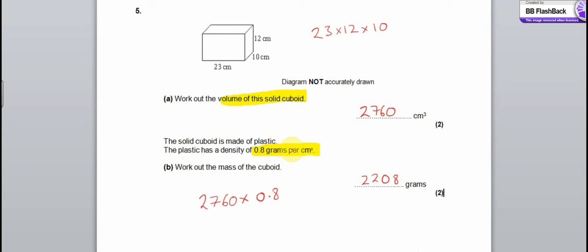It's almost a gram per cubic centimetre, so it's almost 2 kilograms. In fact, it's 2.208 kilograms. Completely unnecessary, you're not asked to do that, but notice how 1,000 grams is a kilogram. So 2,208 is going to be 2.208 kilograms. So it's actually a pretty heavy piece of plastic, that.